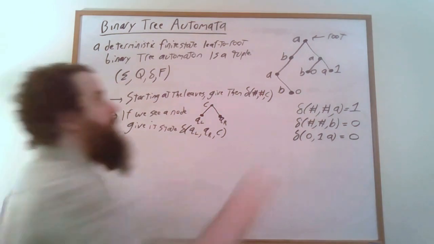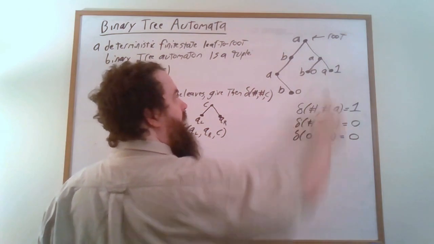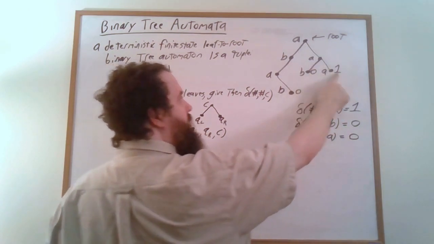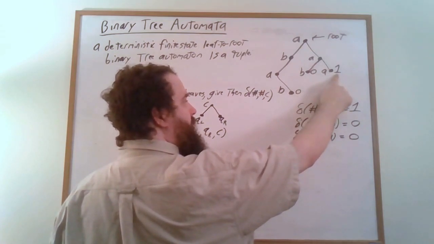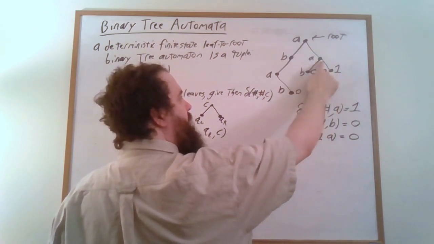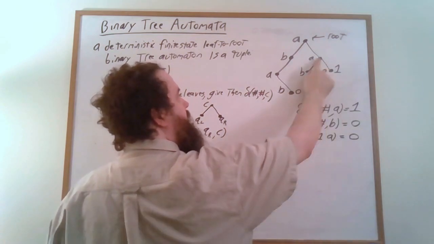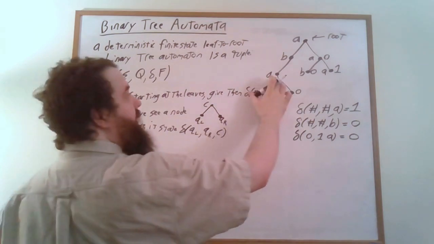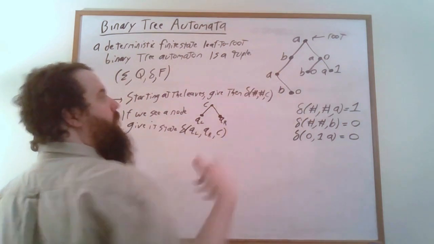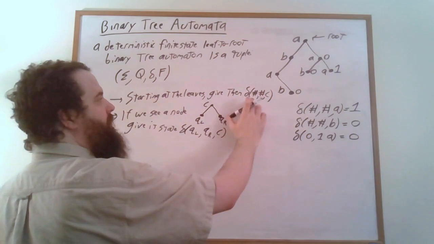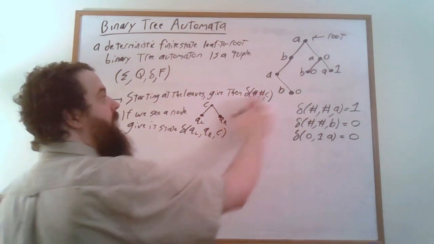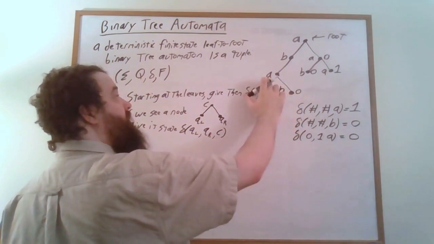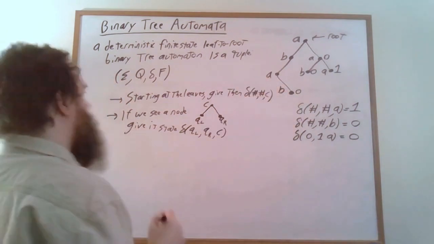Then that means that because this node has symbol A and has a left child that we associated the state 0 to, and a right child that we associated the state 1 to, we're going to associate the state 0 to this node here. In the case where we have a node that doesn't have a left child, we're going to put an octothorpe as an input to the transition function, and just input the state associated to the right child and the symbol at that particular node.